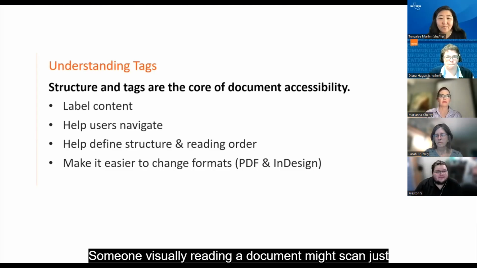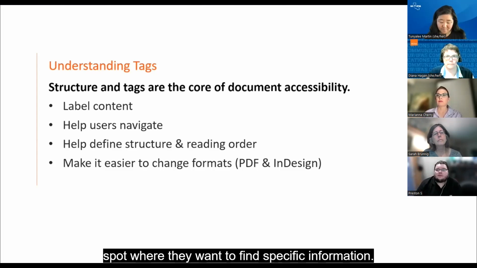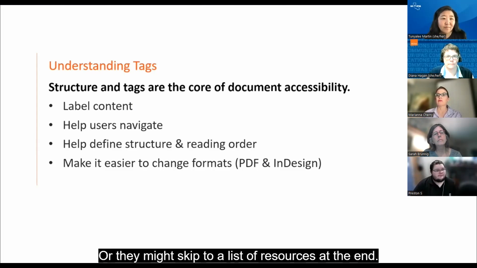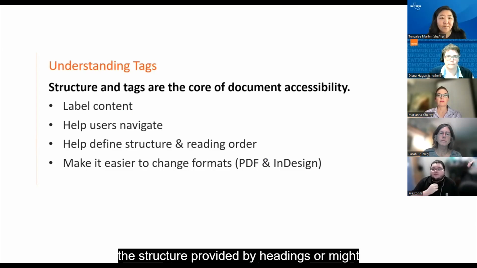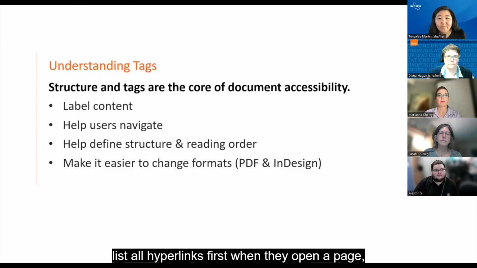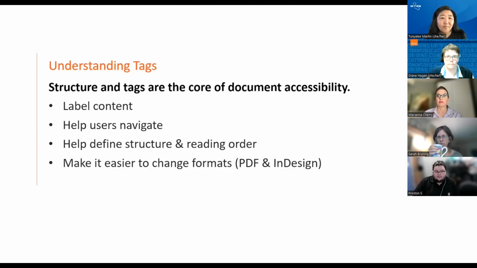Someone visually reading a document might scan just the headers or use them to locate a certain spot where they want to find specific information, or they might skip to a list of resources at the end. People using screen readers similarly can navigate the structure provided by headings, or might list all hyperlinks first when they open a page if they're trying to navigate through to a specific resource.